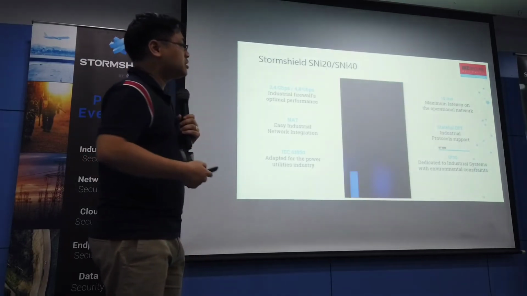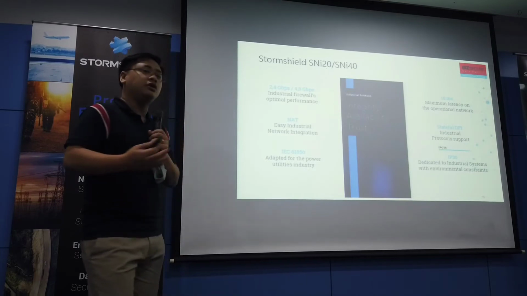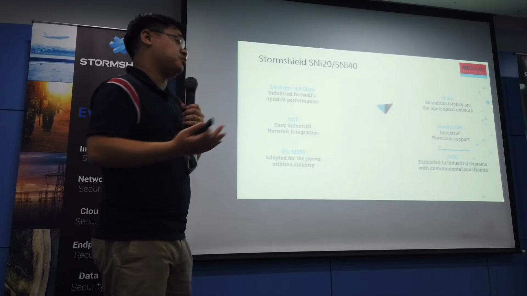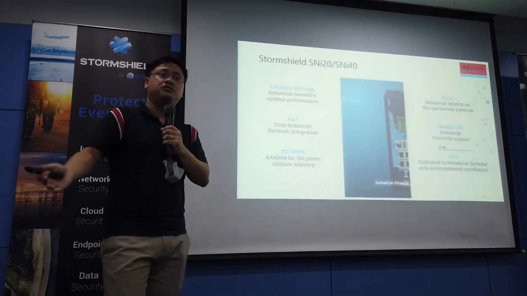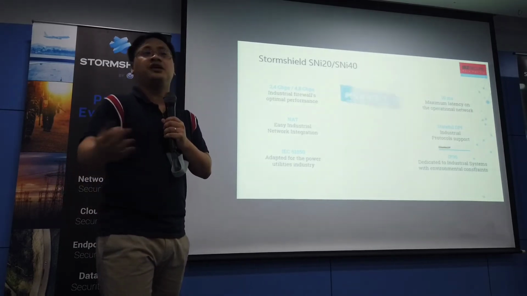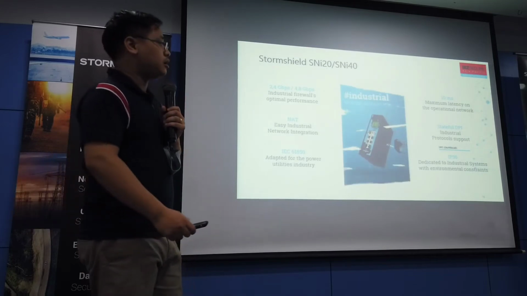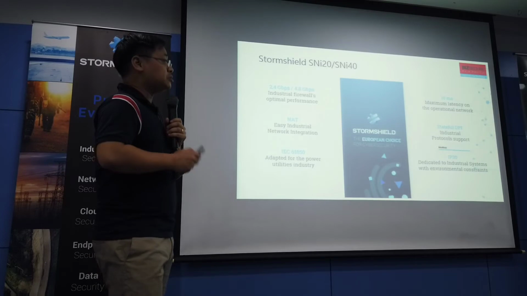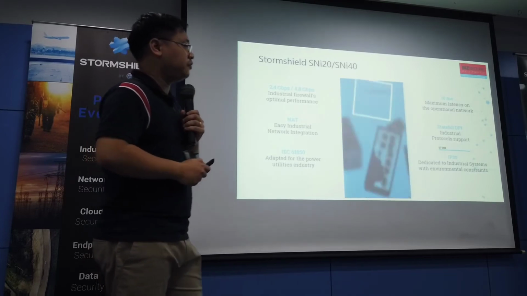You have a lot and a lot of OT protocols. Why are they able to do that? Simply because Stormshield has partnerships with a lot of OT actors like Schneider, Siemens, and so on. And again, it makes a very big difference.